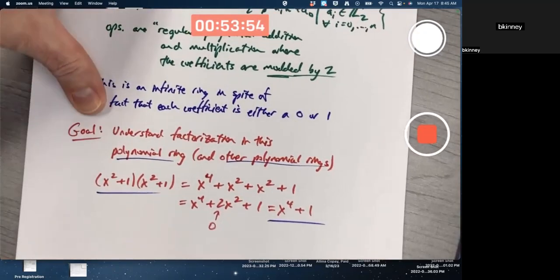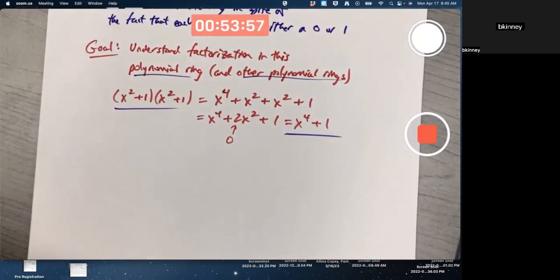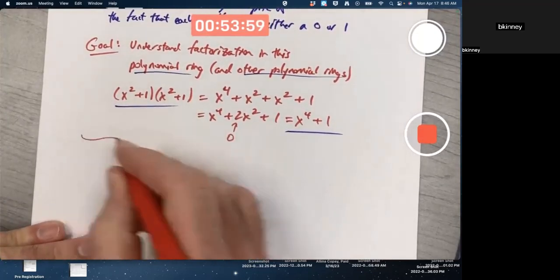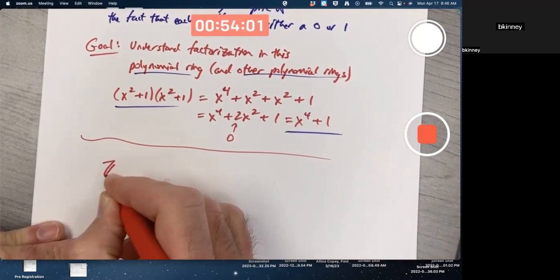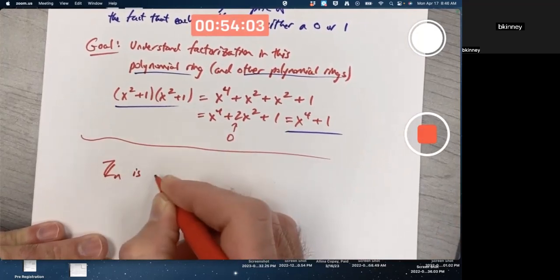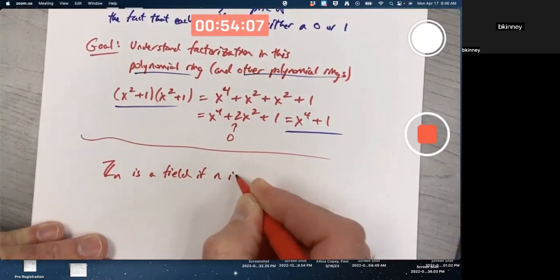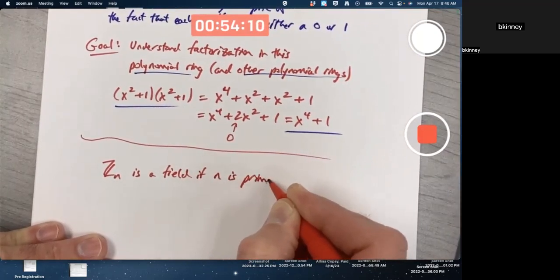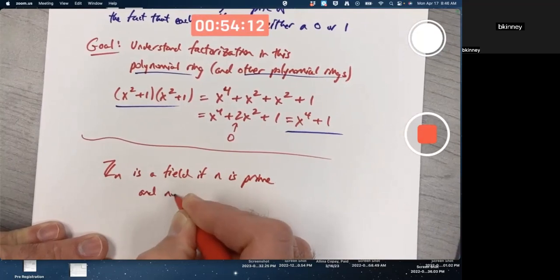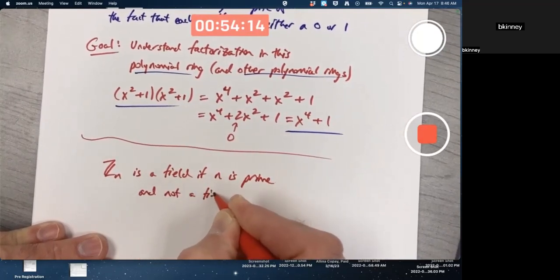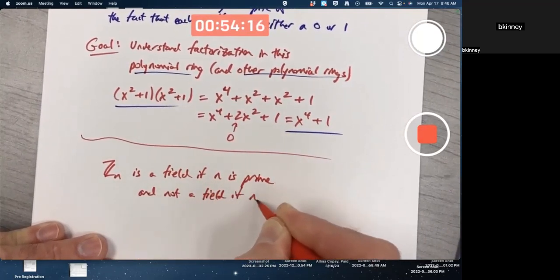I'll just end by saying, coming back to a non-polynomial ring, that Zn is a field if n is prime and not a field if n is composite.